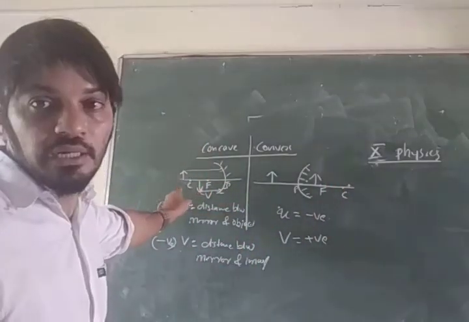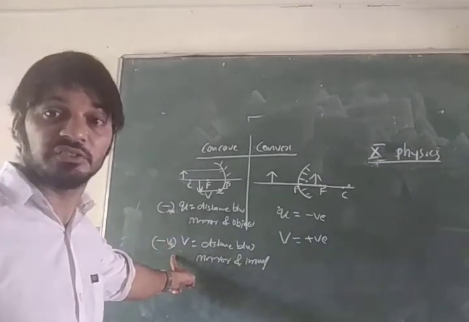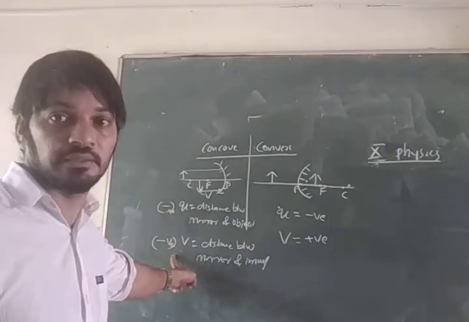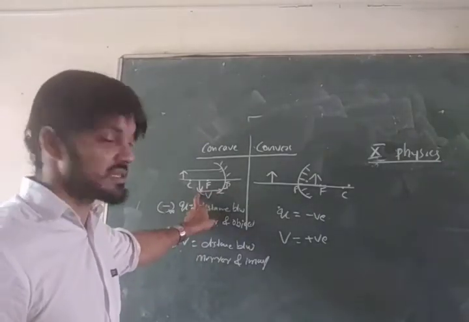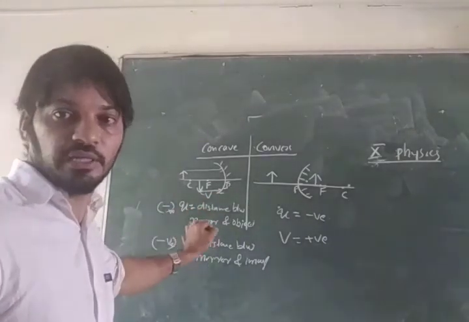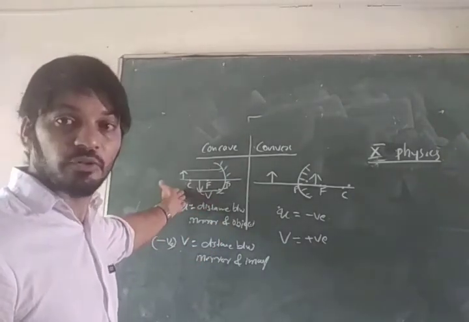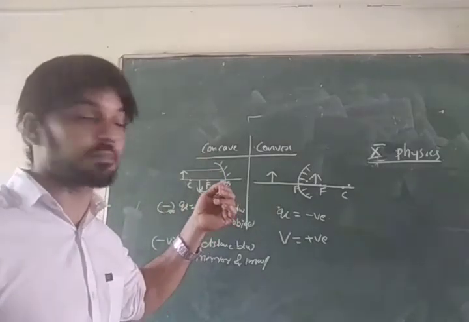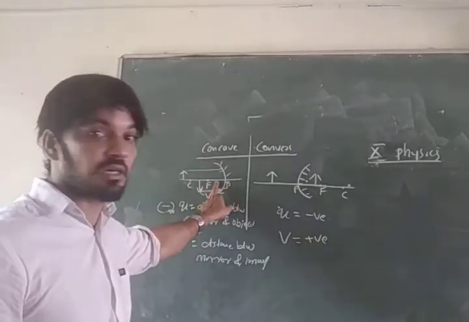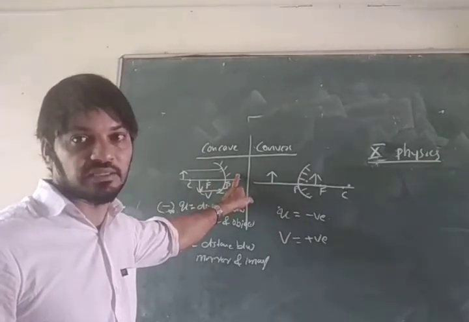Remember, in concave, U is negative and V is negative. U is the distance between object and mirror, and V is the distance between mirror and image. Here both are negative. In concave, for most positions of the object, the image forms on the object's side. Except if the object is kept between F and P, only then the image forms inside the mirror.